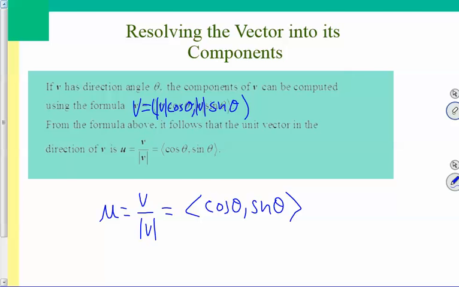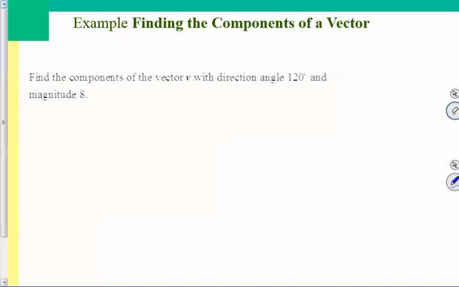So we're going to try it. Find the components of the vector v with the direction angle 120 degrees and magnitude of 8. I would draw this out. Here's my origin, and 120 degrees goes out probably like that.